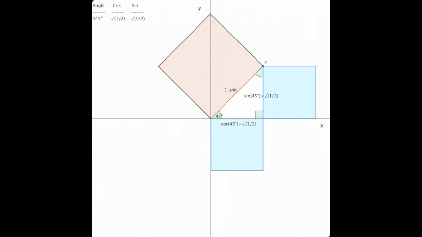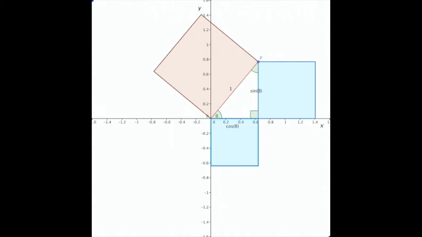Now we're going to change the angle from 45 degrees to something else. We're going to mark the angle with the Greek letter theta, because that's traditional for marking an angle which is variable.